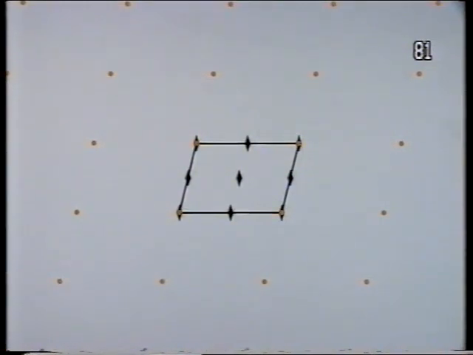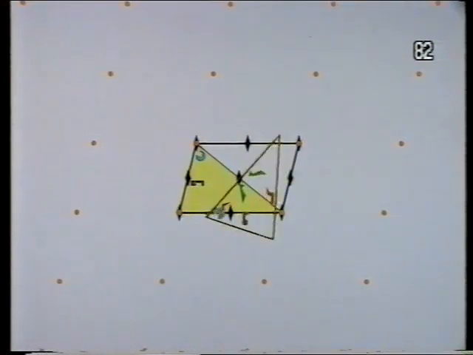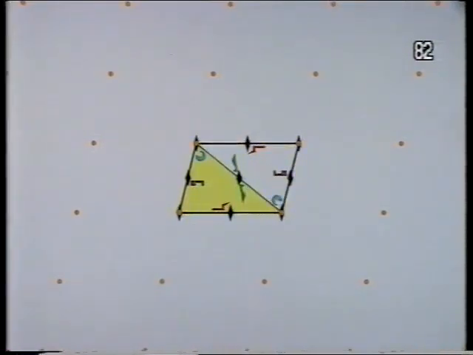One half of the parallelogram must look exactly the same as the other half. You can split the parallelogram into two equal halves in any way you like. The triangle formed by the basis vectors will do very well. And now, if you put anything in this triangle and then rotate it through 180 degrees about the center of the parallelogram, you will get the other half of the basic parallelogram.